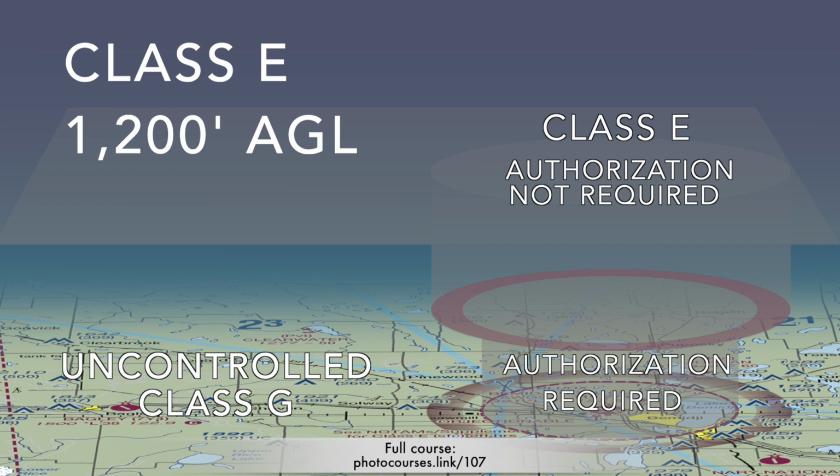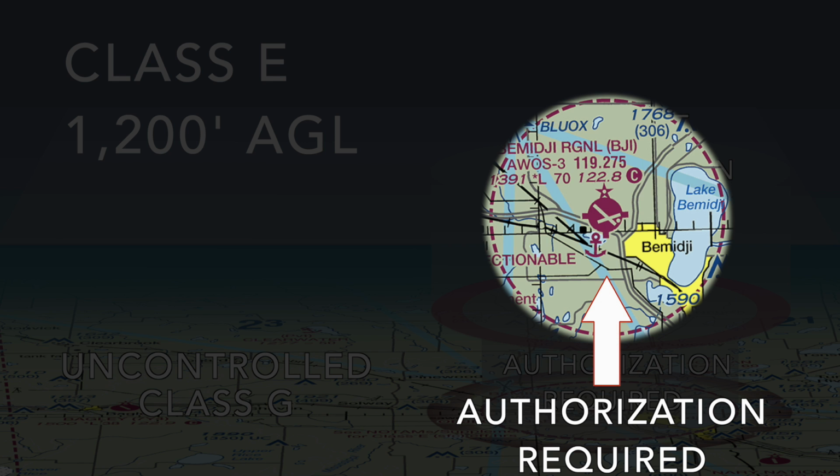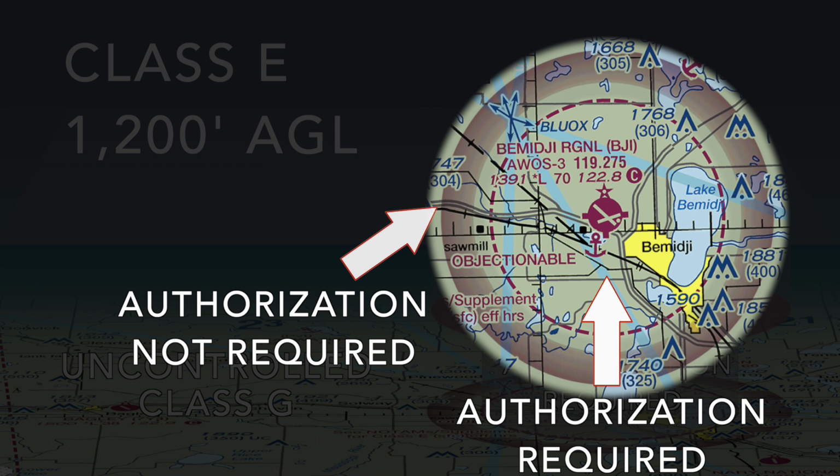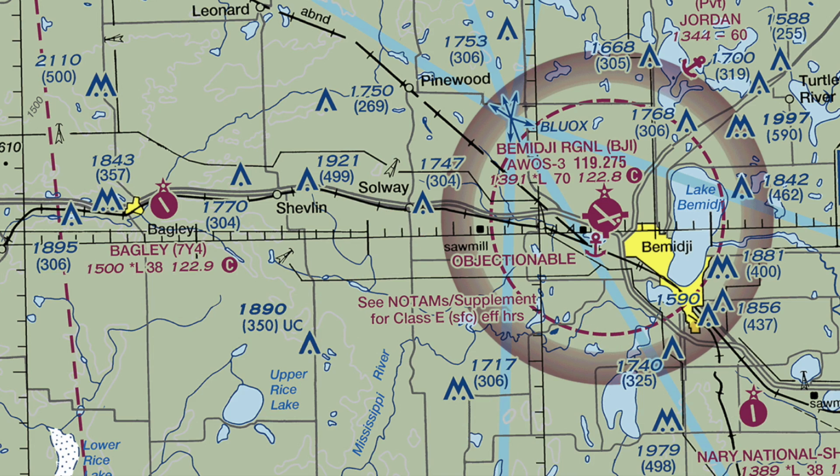That's where Class G ends. And that's what this looks like in this example. You have that dashed magenta line indicating Class E airspace starting at the surface. That is surrounded by a thick shaded magenta line, meaning that Class E airspace starts at 700 feet AGL inside of that. Outside of that, Class E airspace starts at 1,200 feet AGL, with Class G uncontrolled airspace below all of that.